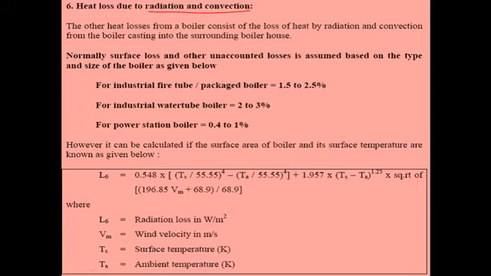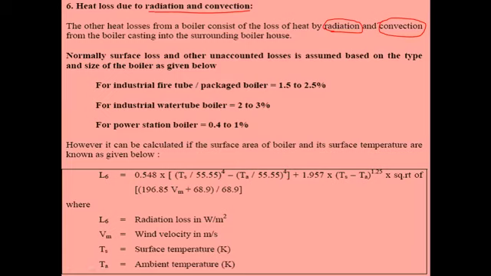The other heat losses from a boiler consist of the loss of heat by radiation and by convection. Radiation is the heat loss from different elements or objects which doesn't require any medium.